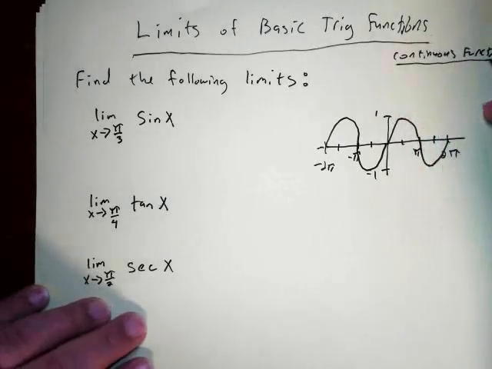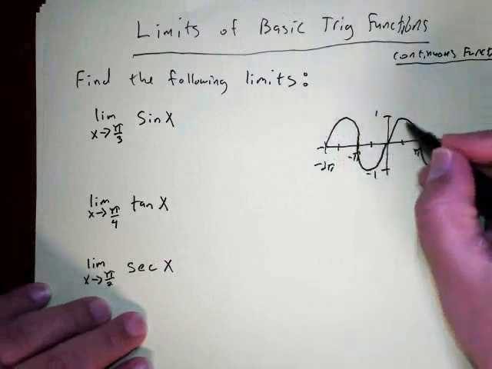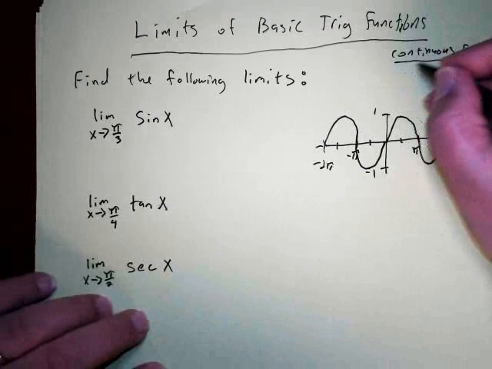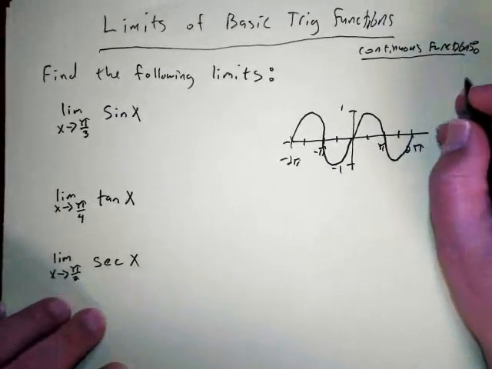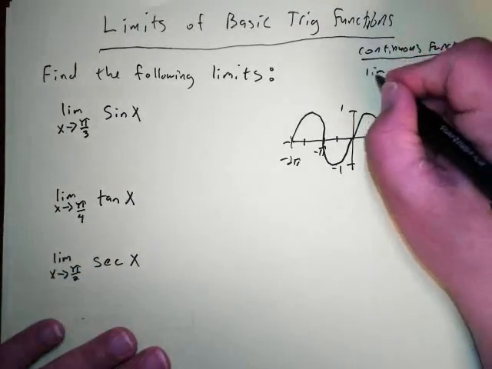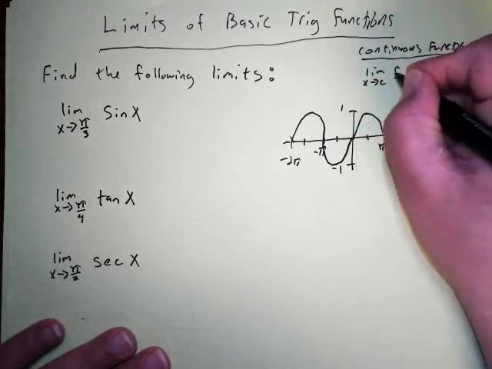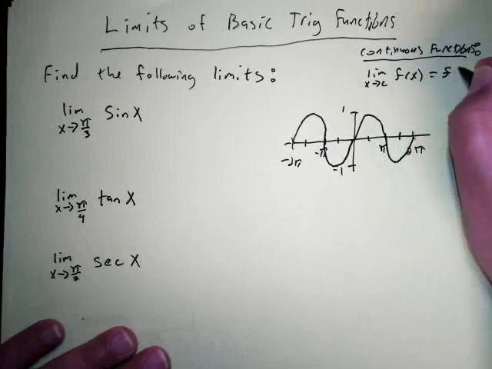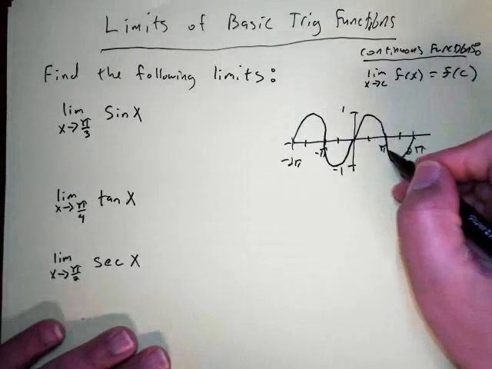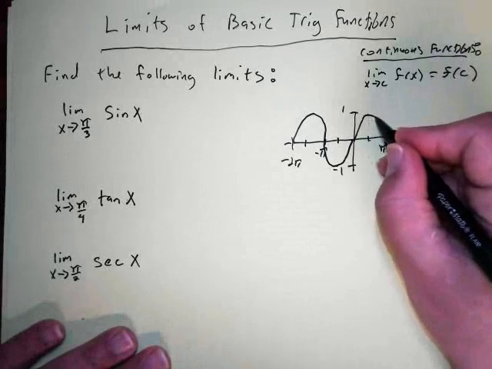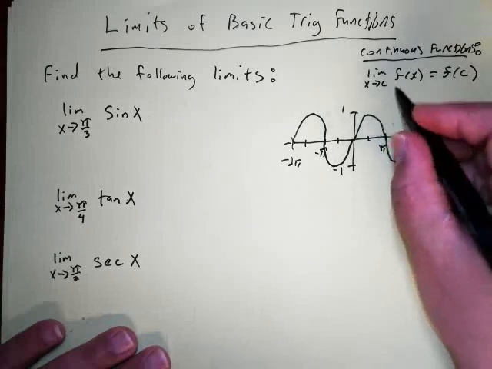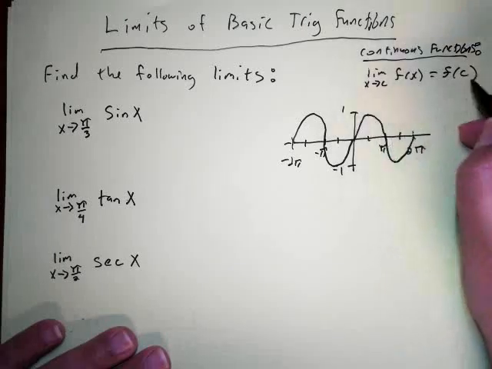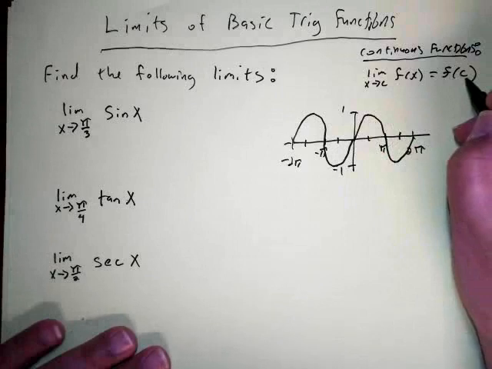And certainly the sine of x is continuous. I could keep doing it without ever lifting my pencil off the paper. And when a function is continuous, it has the property that the limit as x approaches c of f of x is equal to f of c. So as you approach c, the function actually approaches the value at which the function is defined at c.